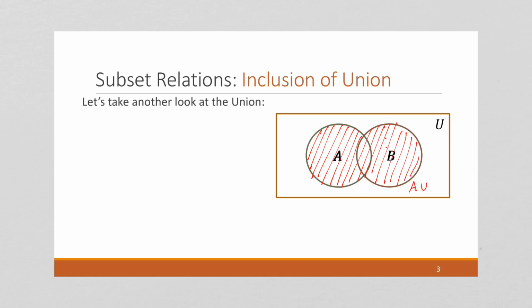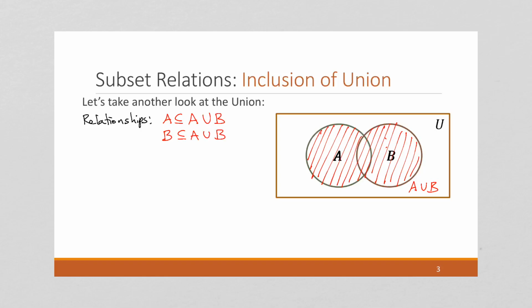Right, this is A union B. So we have the following relationships. A is a subset of A union B, and B is a subset of A union B.